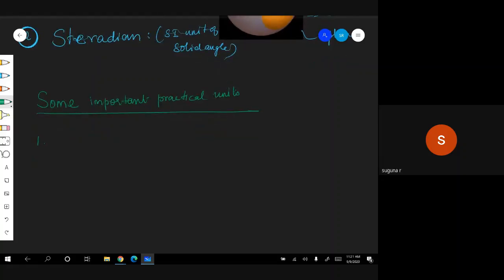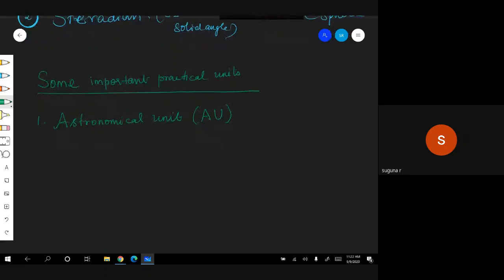The first, very important one, is what is called the astronomical unit, AU. Capital A, capital U means astronomical unit. You know that the Earth is revolving around the sun in an elliptical orbit.